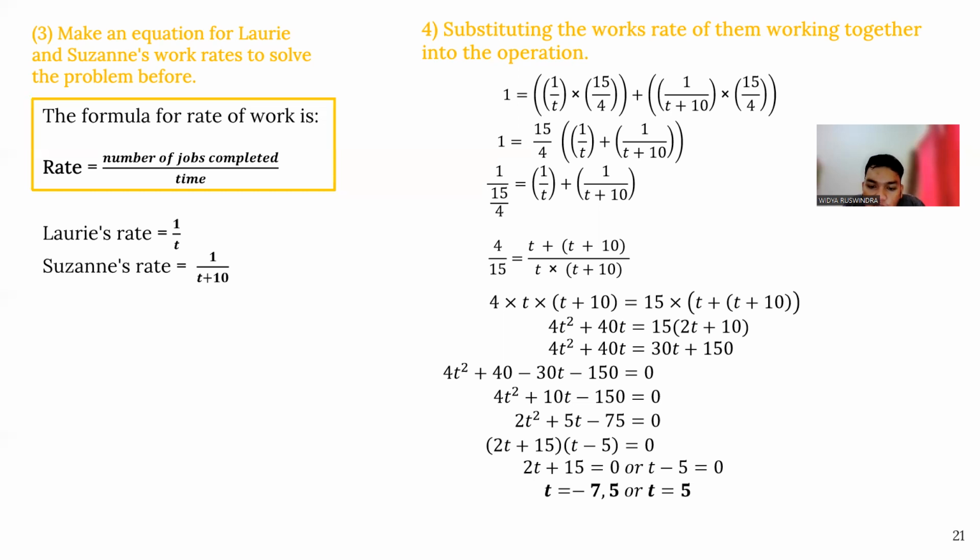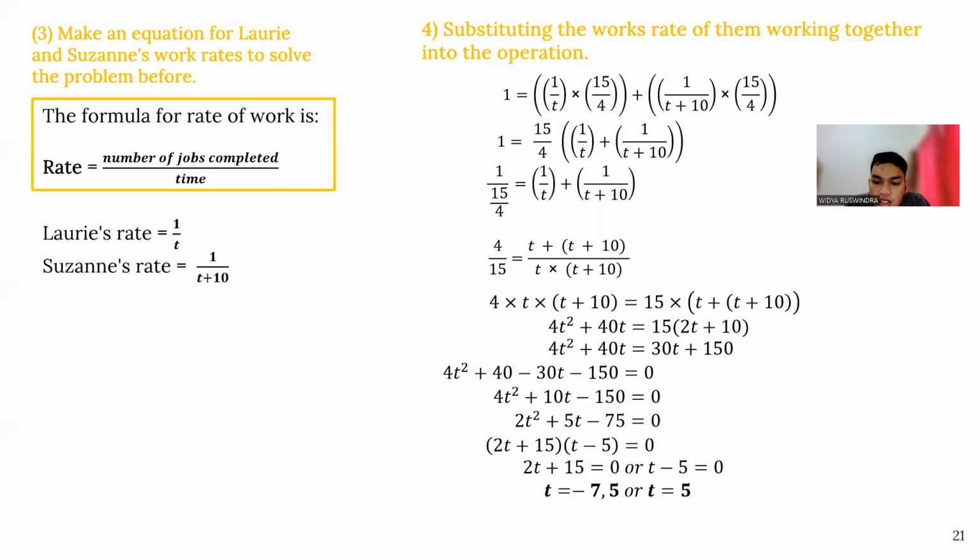With factorization, we get (2t plus 15) times (t minus 5), so 2t plus 15 equals 0 or t minus 5 equals 0. We get t equals minus 7.5 or t equals 5.